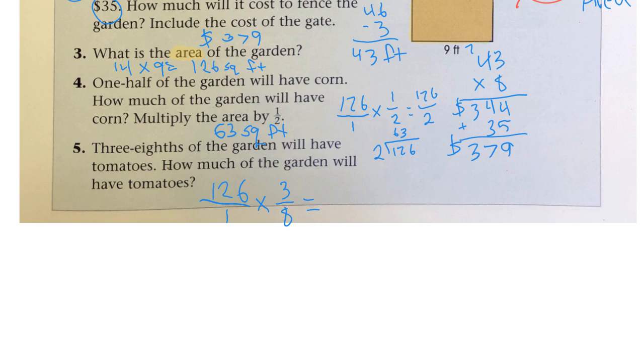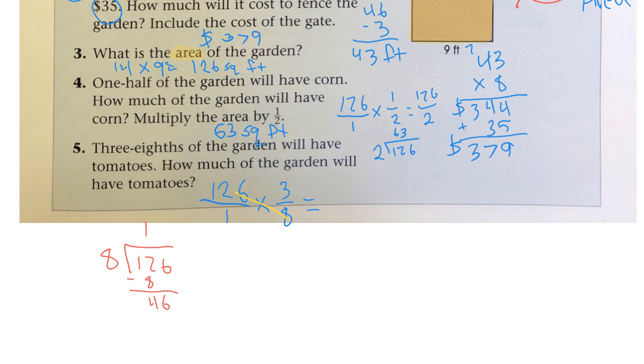We could cross cancel with the 126 and 8 because 126 divided by 8 would give us we'd have a leftover amount.